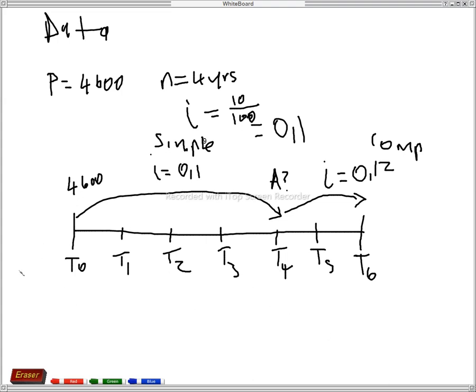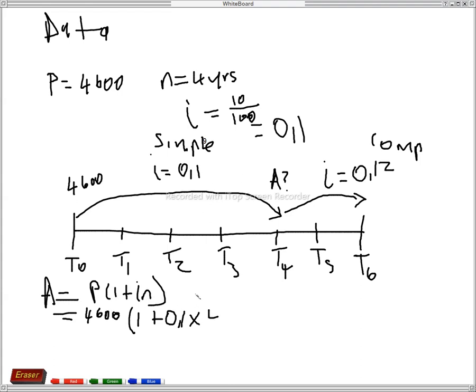The formula for simple interest, for the first 4 years, is P times (1 plus IN), multiplied by the N there. Our present value, the invested amount, was 4,600, times 1 plus our interest for those 4 years, 0.1, multiplied by the number of years, 4.